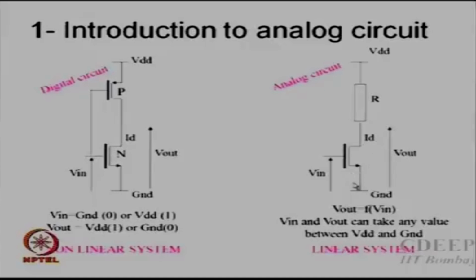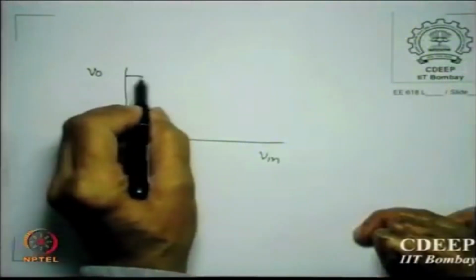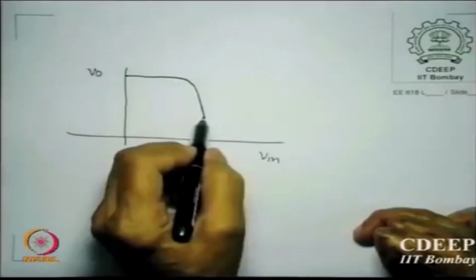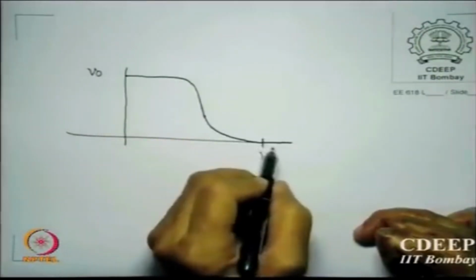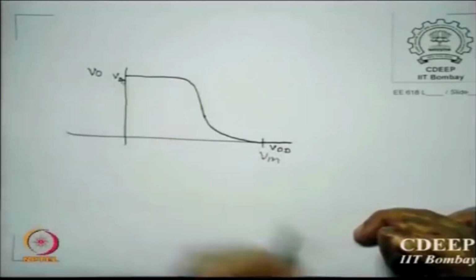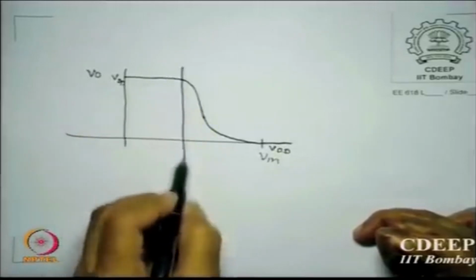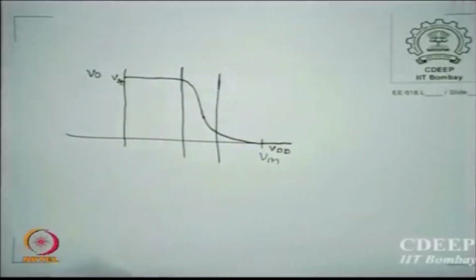So what is the fun part in this: if I plot for an inverter or an amplifier V out versus V in, you have done this in many courses. Okay. This is normally VDD, this is normally VDD. There are of course, as I say, 5 regions, but at least 3 shown here.